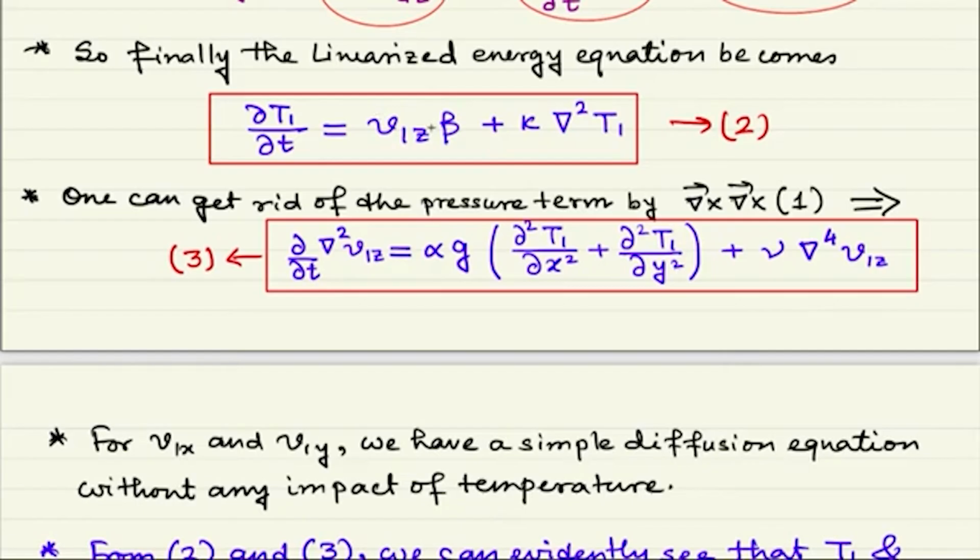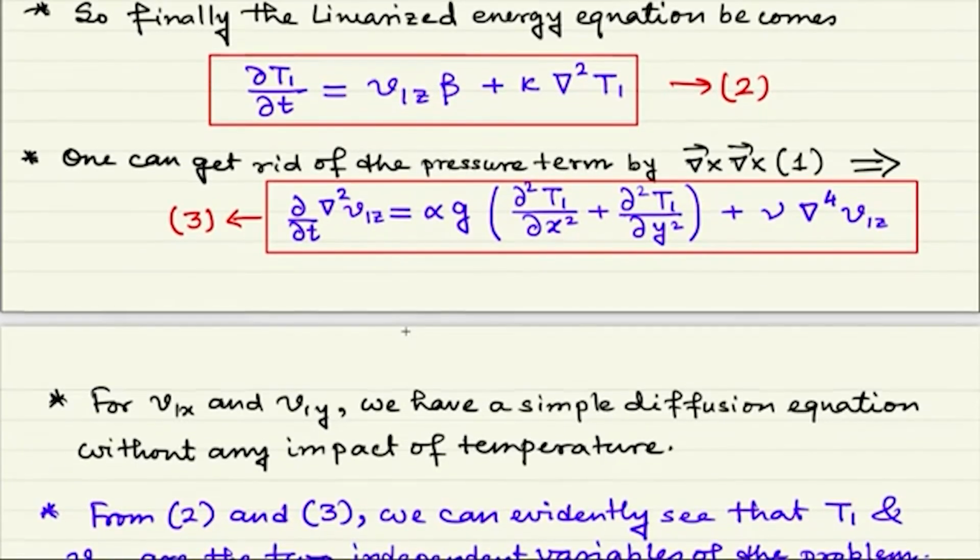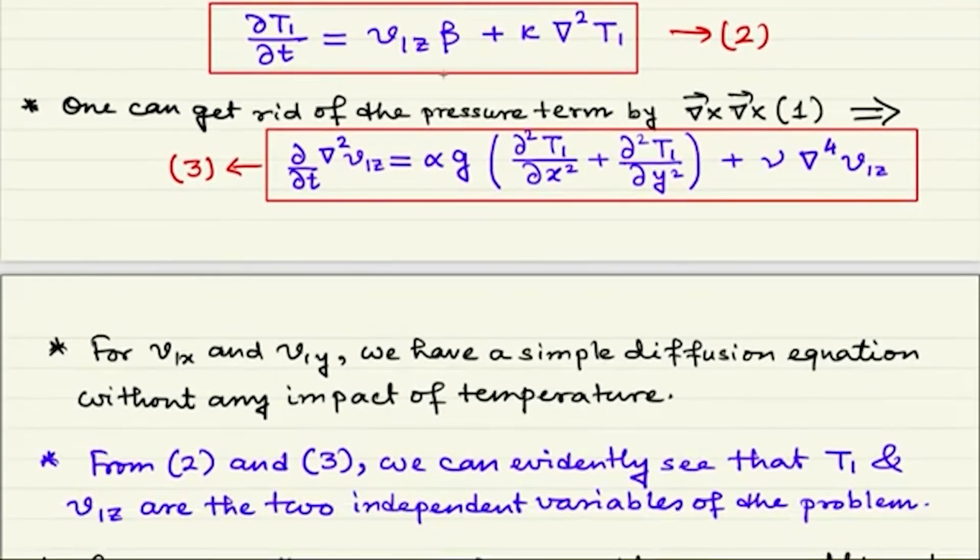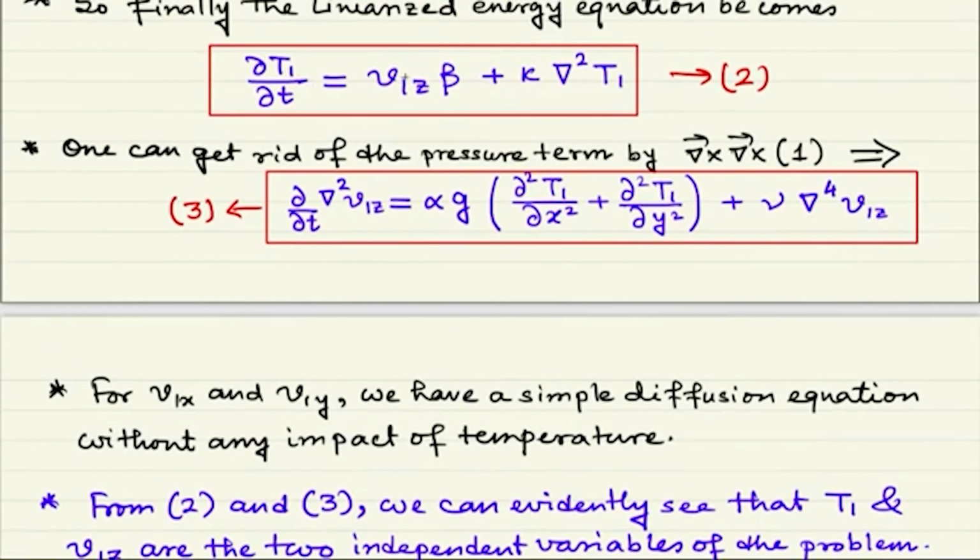So you can see that these two equations are almost like diffusion equations, but a bit modified. The first one is the diffusion equation for T1 if this term is absent. The second one is a diffusion equation for nabla square V1Z if this term is absent.